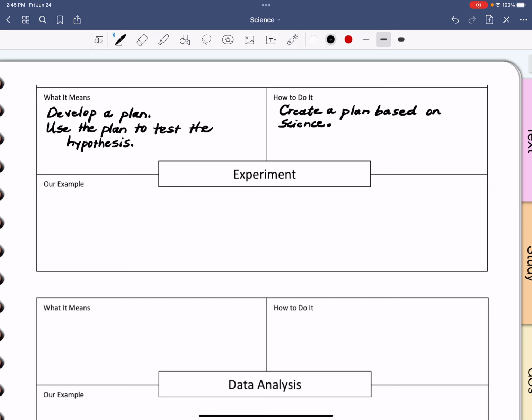Okay, I don't know if that's true or not. I don't see a connection personally, but that wasn't based on science. That was just what my grandmother's grandmother told her. We need a plan that is based on science, and you have to follow that plan. This is so important because remember, we want it to be something that another person could do and see if their results match ours. So you have to follow the plan exactly.